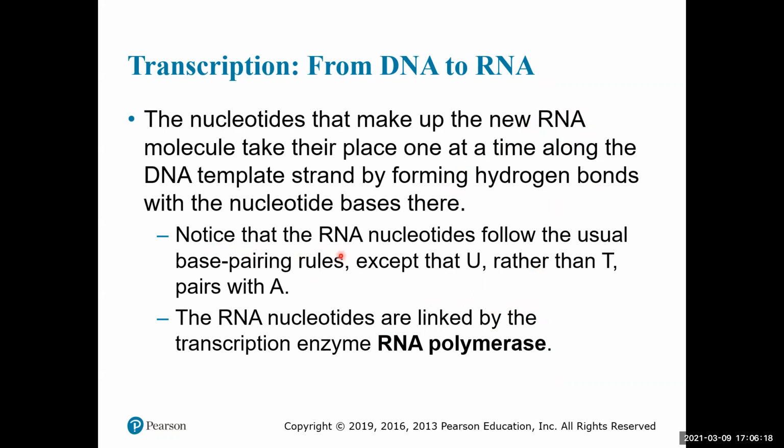And RNA nucleotides also follow those base pair rules like we mentioned a couple slides ago. The only difference is that U is there instead of T. So U pairs with A and G still pairs with C. And then again, those nucleotides are linked together through that RNA polymerase. So that RNA polymerase is building that RNA molecule.